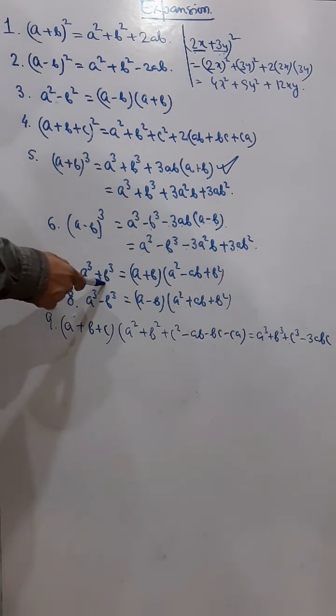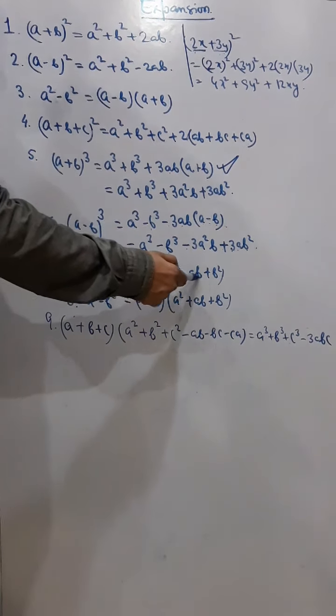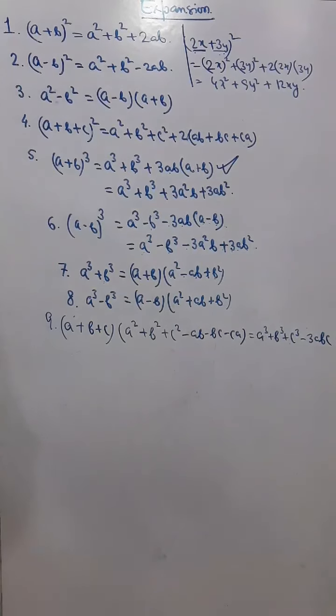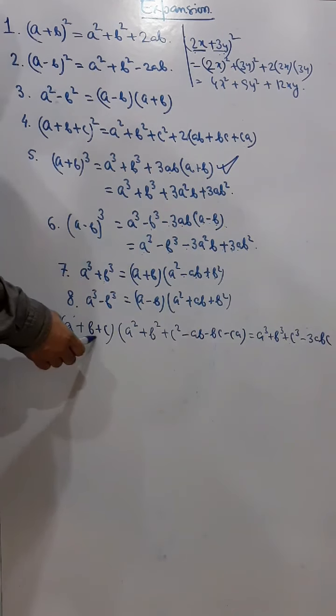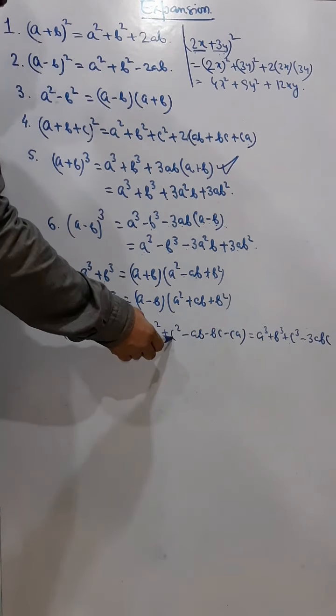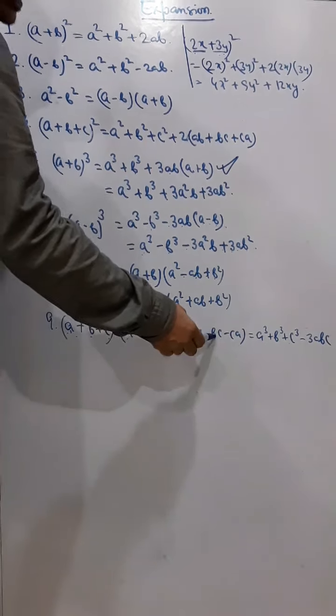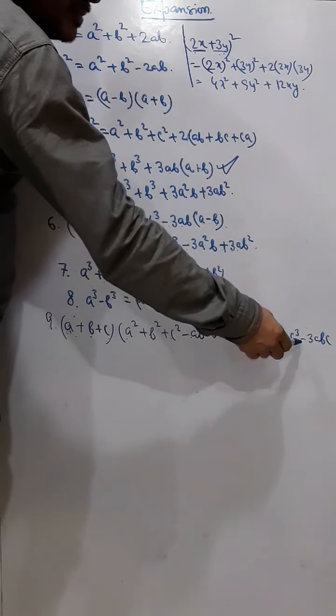Next is the a cube plus b cube formula. a cube plus b cube is (a plus b) into (a square minus ab plus b square). Similarly, a cube minus b cube is (a minus b)(a square plus ab plus b square). And then this formula: (a plus b plus c)(a square plus b square plus c square minus ab minus bc minus ca) is equal to a cube plus b cube plus c cube minus 3abc.